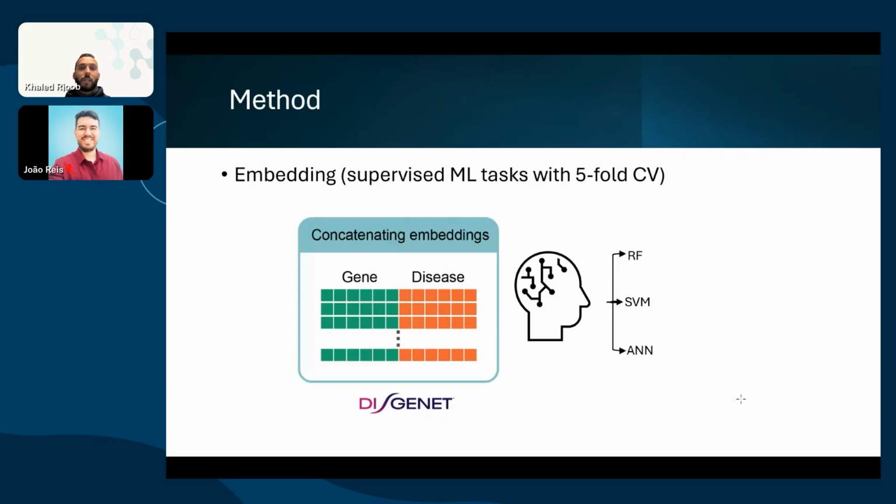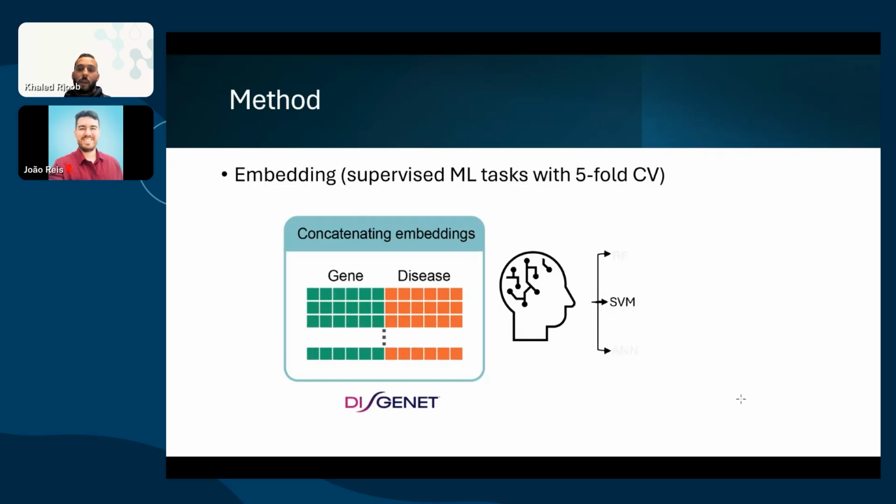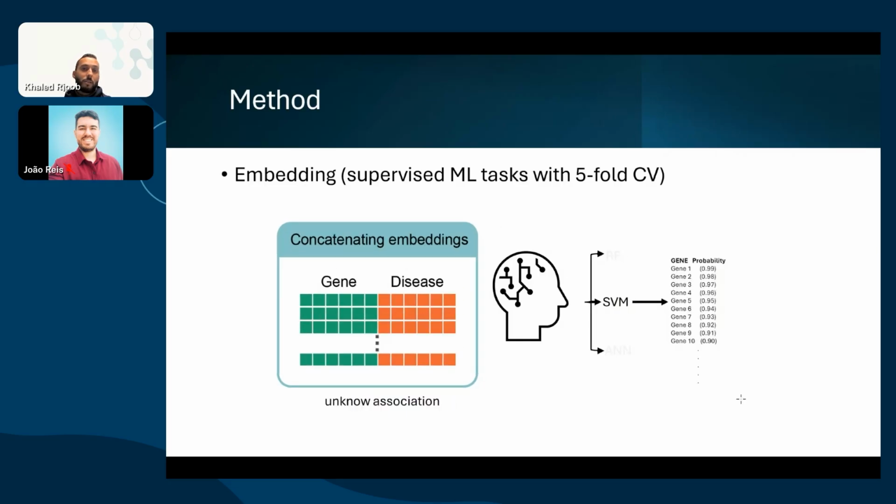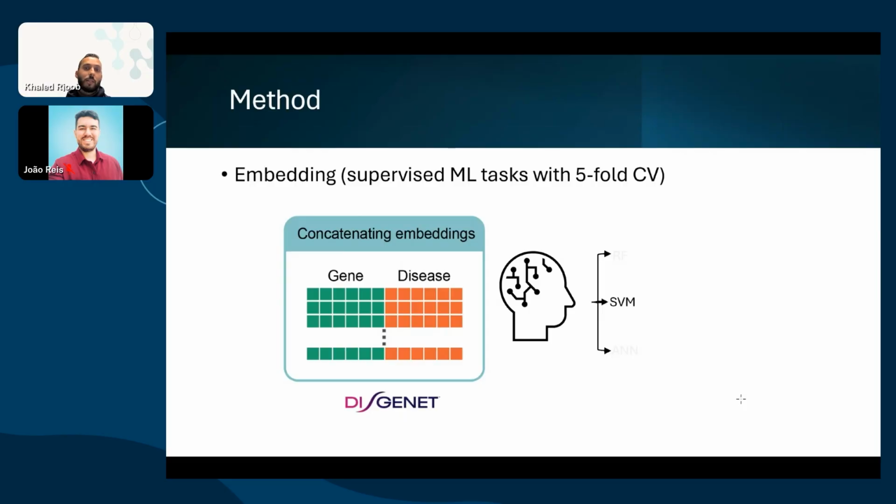After concatenating the embeddings, we applied three traditional machine learning classifiers, including random forest, support vector machine, and artificial neural network. From those classifiers, we selected the classifier that outperforms the others.